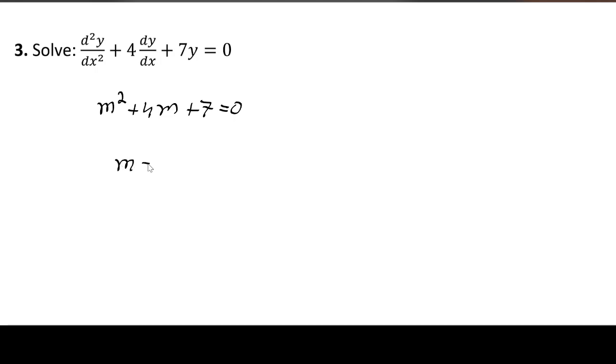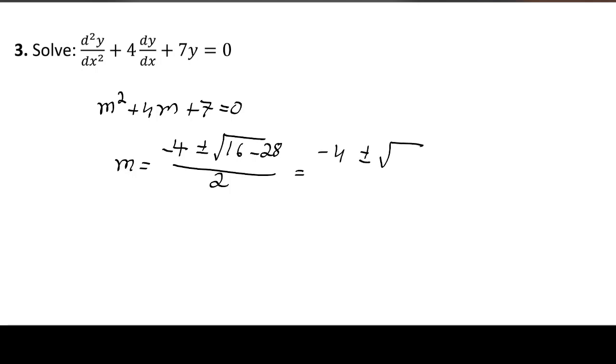Now for the roots, I use the formula m = (−b ± √(b² − 4ac)) / 2a, that is (−4 ± √(16 − 4·1·7)) / 2. 4 into 7 is 28, so this is (−4 ± √(16 − 28)) / 2, which is (−4 ± √(−12)) / 2. We can write √12 as 2√3.